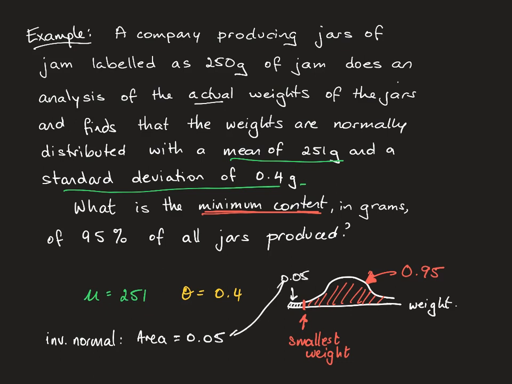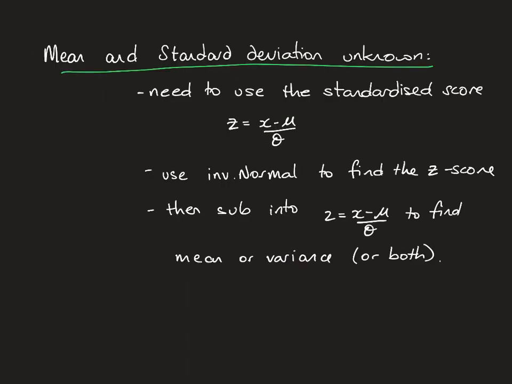So when we use our inverse normal calculation, we use the area as 0.05. When we do that on our calculator, we get x is equal to 250.342 grams.